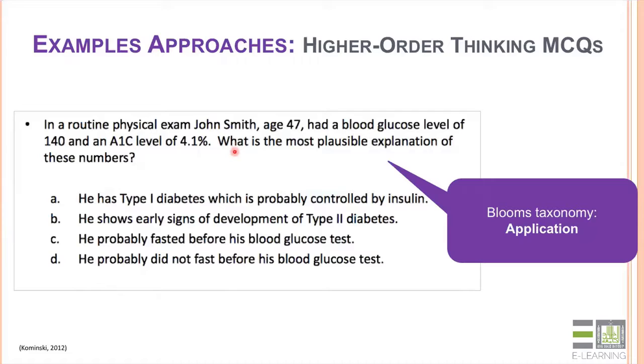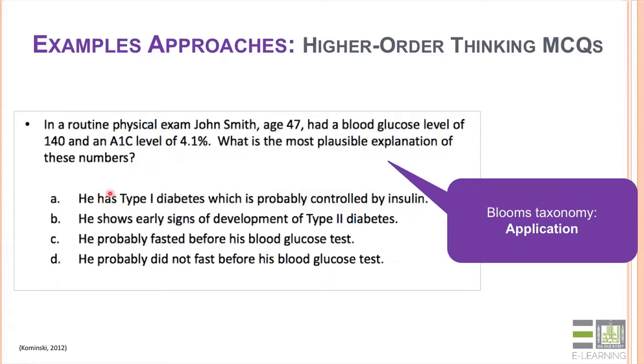The question asks the student what is the most plausible explanation of these numbers. So the students have to use their knowledge of the topic of diabetes. They've got some information, they've got some data, and again, that's incorporating some multi-logical thinking that they need to apply in order to answer the question.